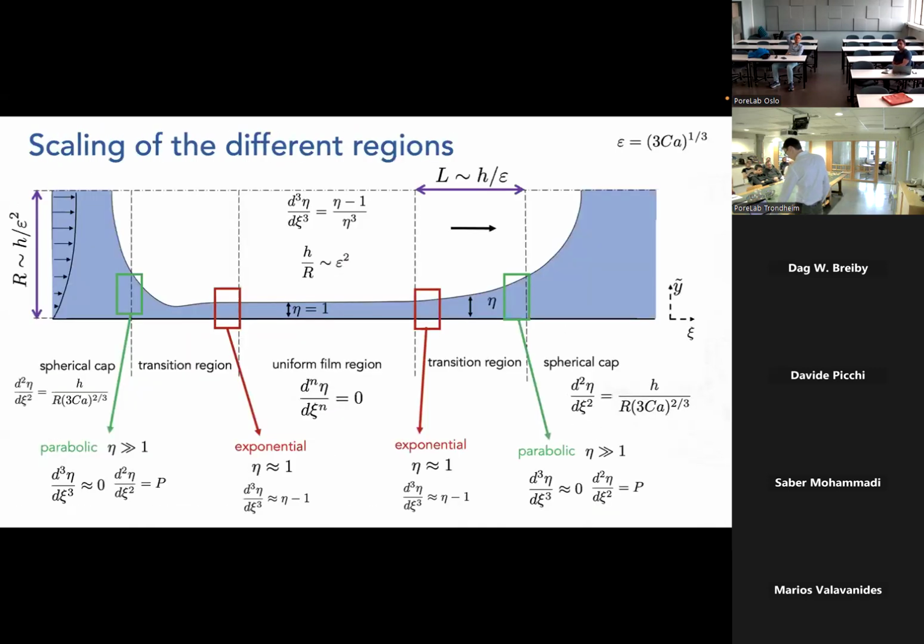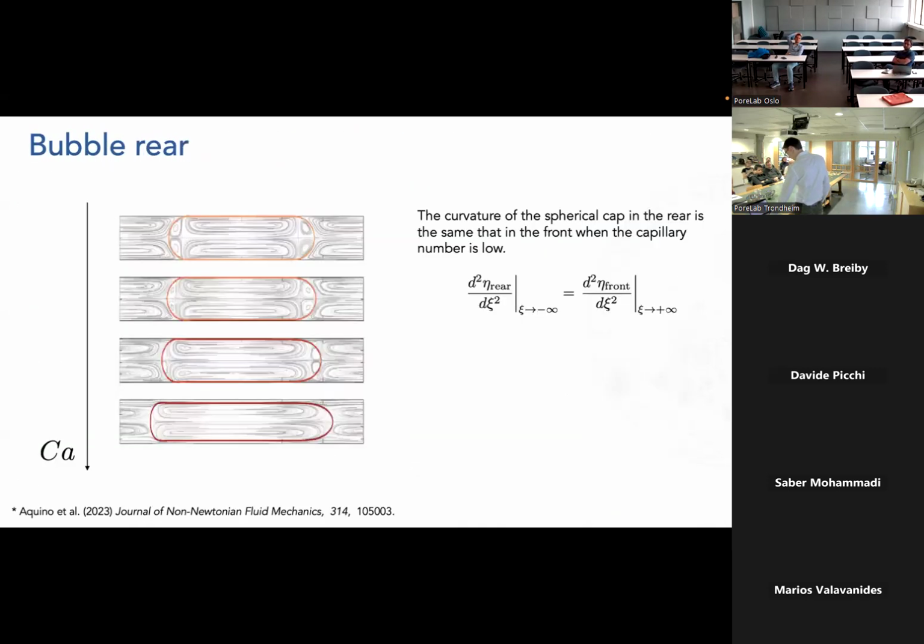So the drop is actually going faster than the surrounding fluids. Yeah, the bubble is always faster than the fluid. This is a result from the numerical simulation. You see the streamlines, so you also have recirculation inside the bubble. But in the model I showed, we didn't account for the flow inside the bubble, only in the film.